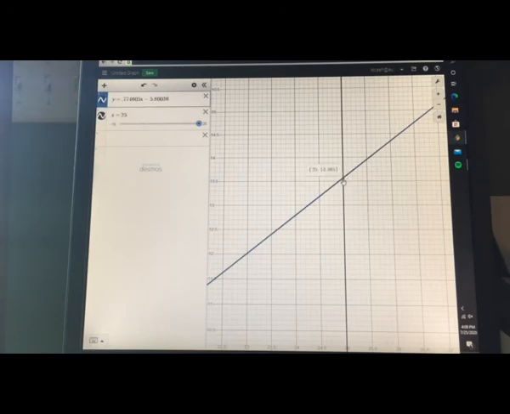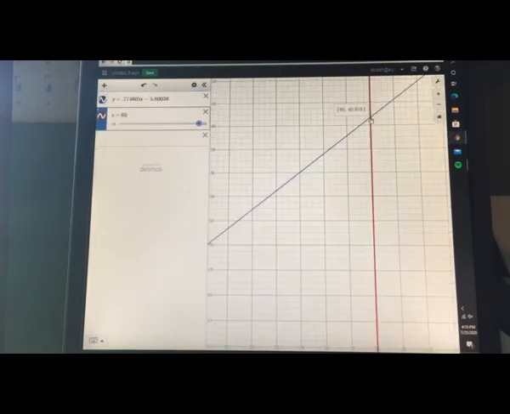At 25 minutes, the player is scoring 13.565, so I would say that's about 14 points. I would always round to the nearest whole number. And here at 60, I have 40.676, so I would say at 60 minutes of play, we would score 41 points.